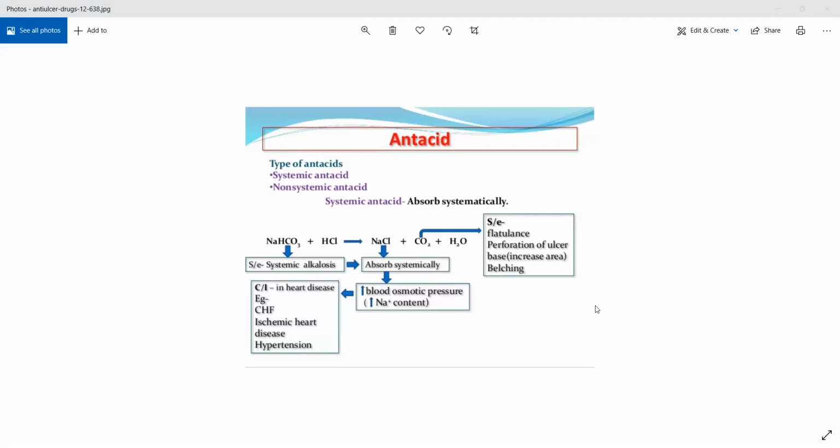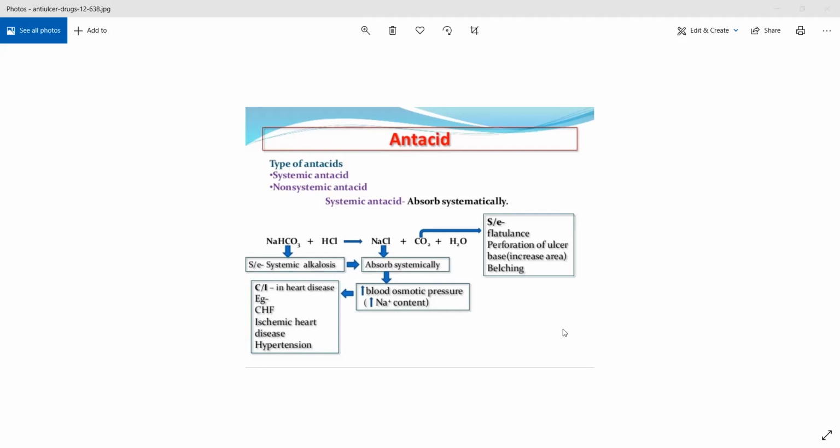Okay, now, once it is reacting with that HCl, it will make a salt, which is your sodium chloride. The problem here is sodium chloride gets absorbed through your intestines. Sodium chloride, as it is passing through your duodenum and your small intestine, it will get absorbed. And this will cause an unnecessary increase in osmotic pressure because sodium is increasing. The amount of sodium inside your blood is increasing.